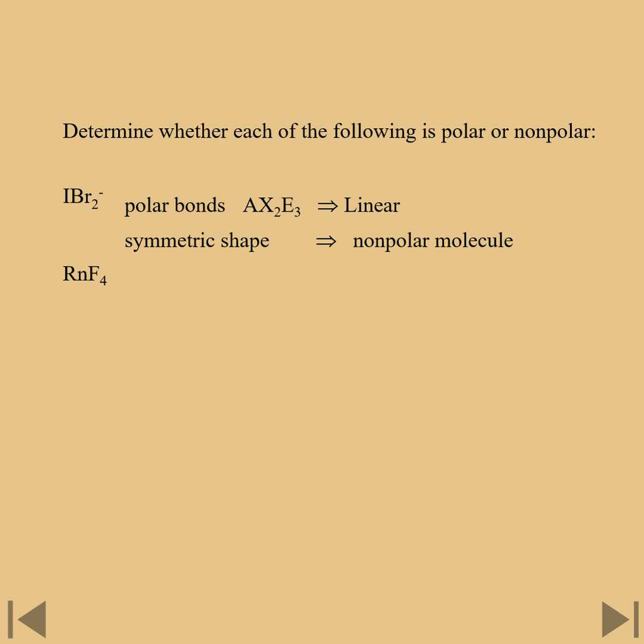And radon tetrafluoride. Radon's the central element. First we have polar bonds. 2 different elements, we got polar bonds. We got a compound, we got polar bonds. And radon's central element, 8 outer electrons, 4 are being used to bond, so 4 aren't, so that's 2 electron pairs, so an AX4E2.